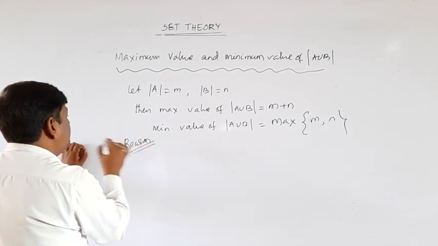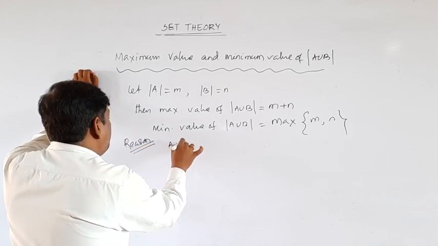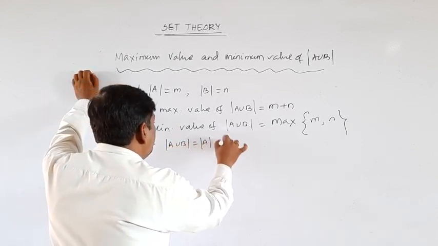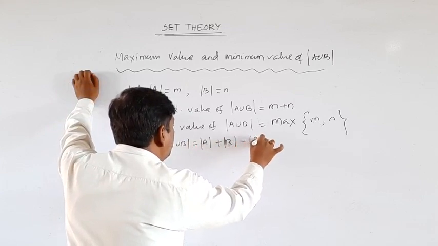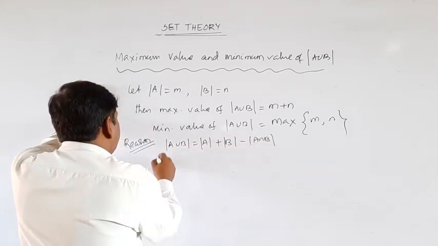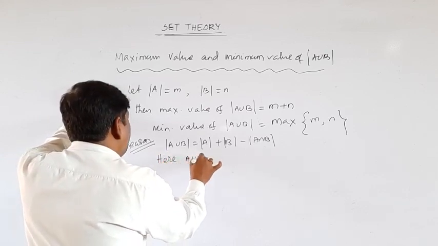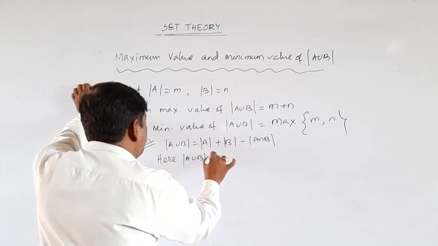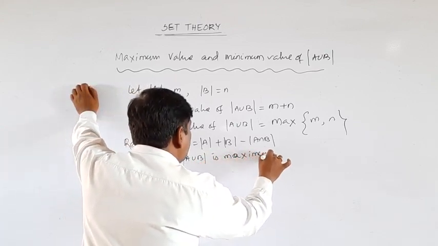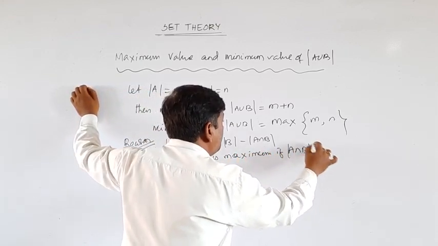What is the maximum value? Cardinality of A union B is equal to cardinality of A plus cardinality of B minus cardinality of A intersection B. Here A union B is maximum if cardinality of A intersection B is minimum.